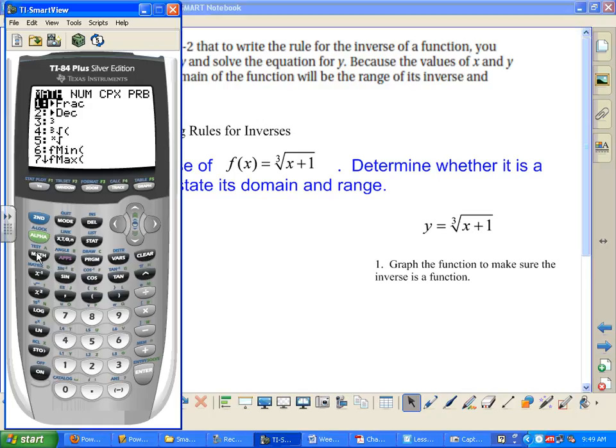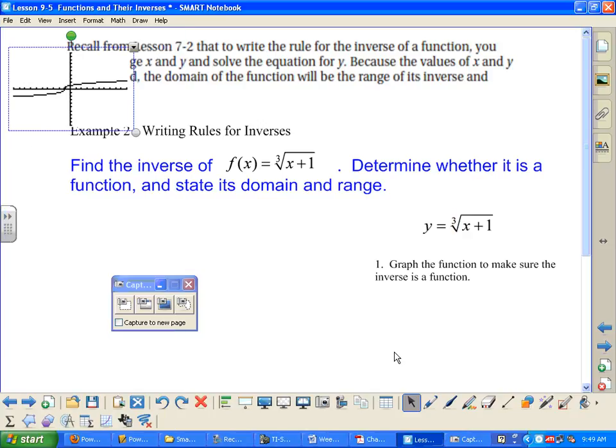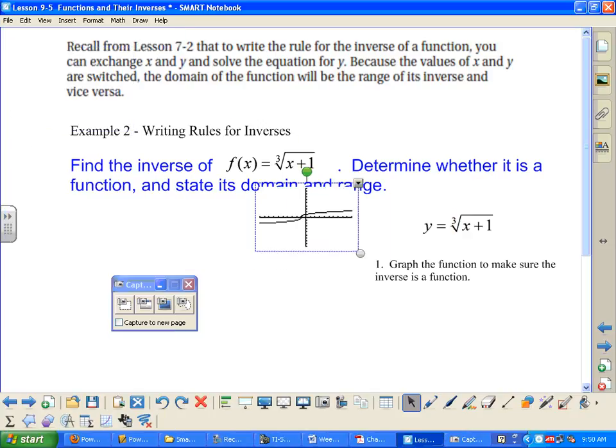Number 4 does cube root. If you want to do some other root, you could do number 5. All right, so number 4 there, and x plus 1, and zoom 6. What do you think? Will that pass the horizontal line test? Okay, so we've determined there that the inverse is a function. There's our graph.